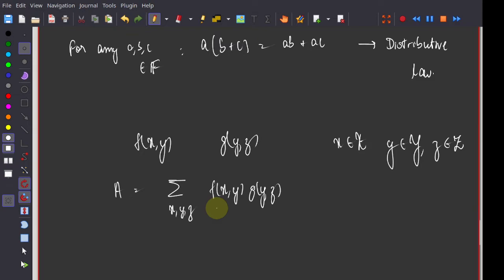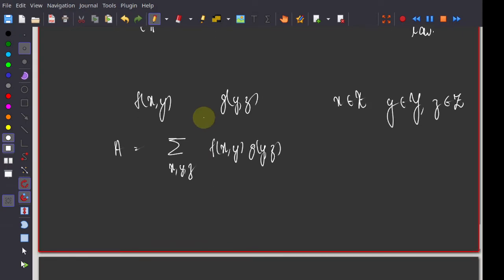How many arithmetic operations do I need to compute it in this particular way? How many terms do I have? So size of X times size of Y times size of Z, right?